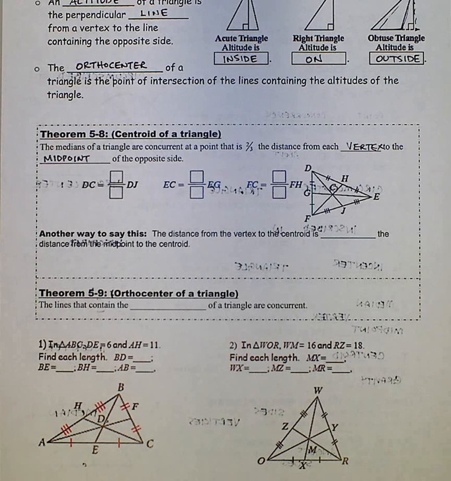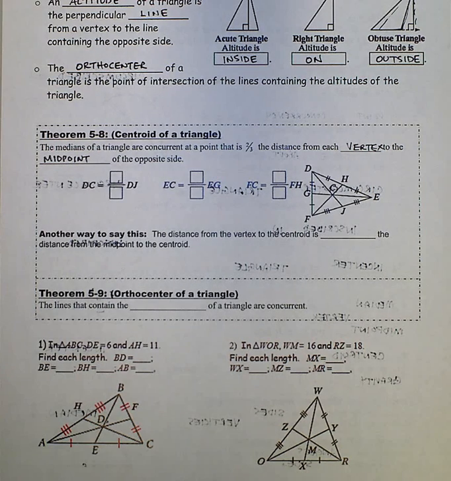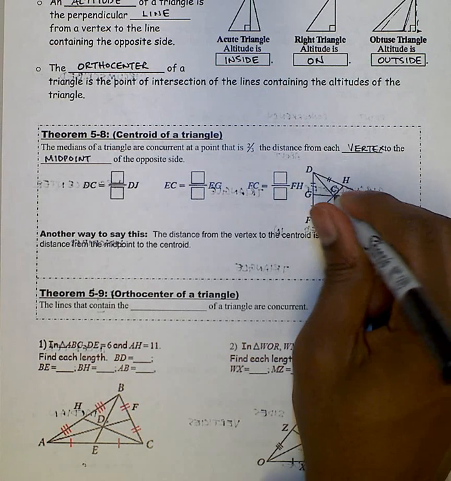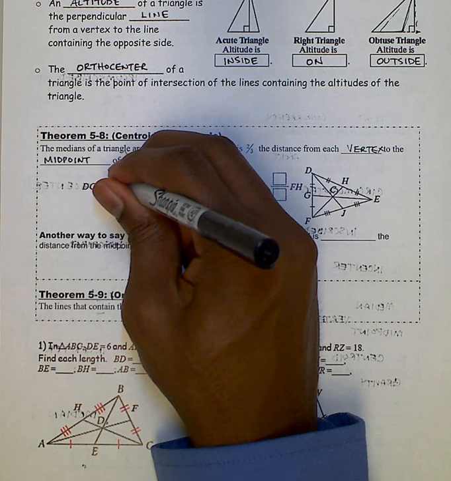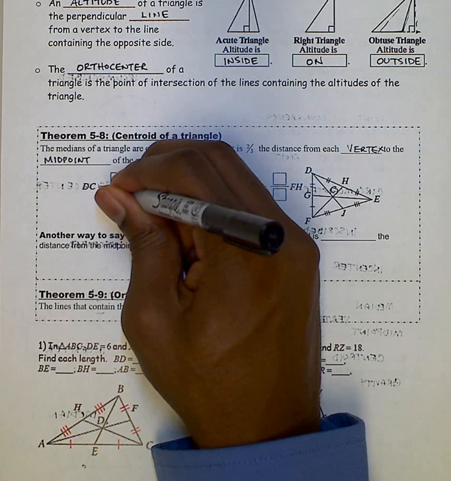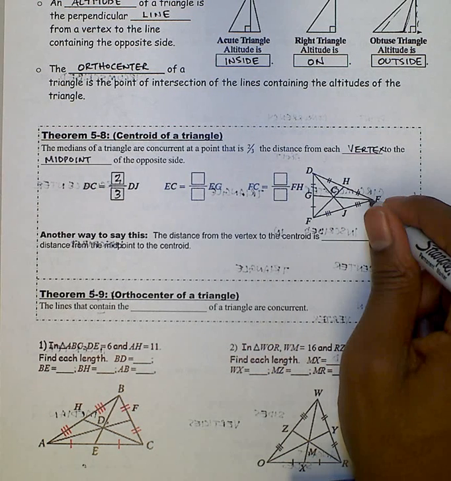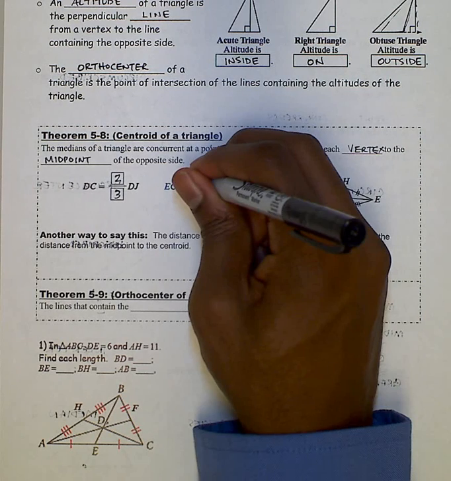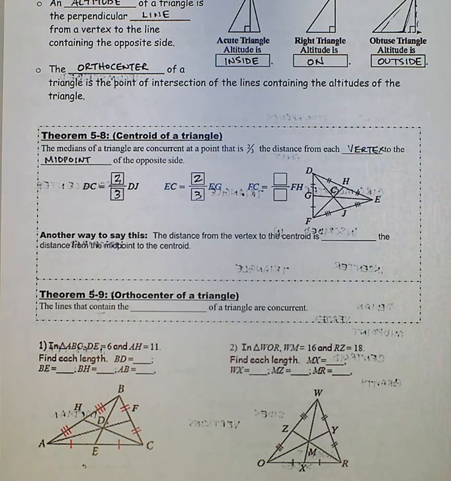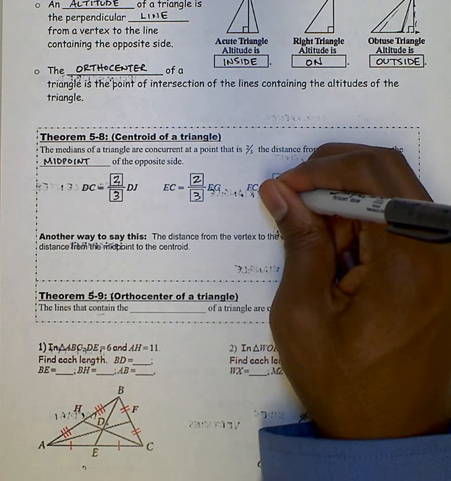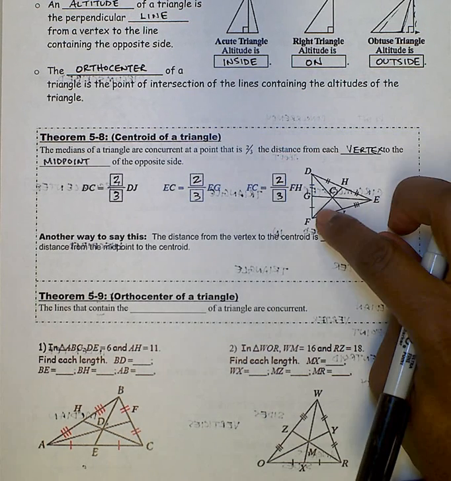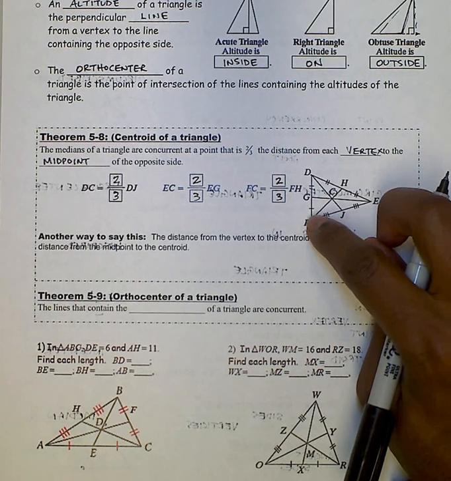So what that means is, for this, we should see that DC, from the vertex to the centroid, is 2/3 of DJ. EC, vertex to centroid, is 2/3 of EG. FC, vertex to centroid, is 2/3 of FH. So 2/3 of the whole line happens from vertex to centroid.